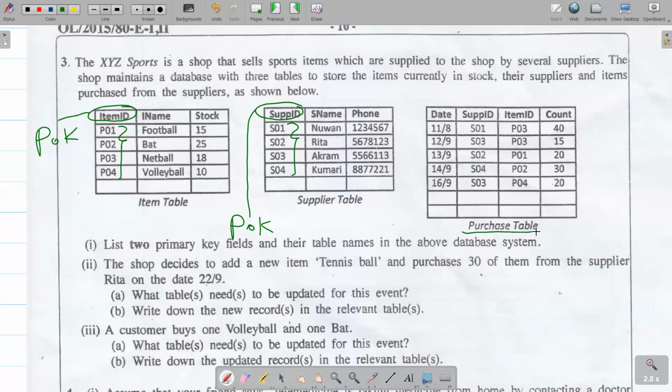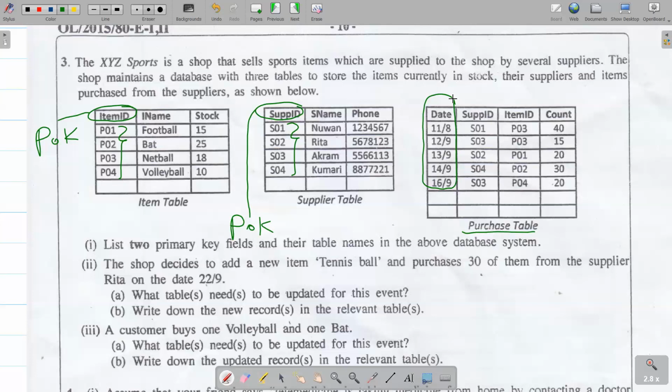And here, if you take the purchase table, the date is different, right? Even though the date is different, it can easily be repeated. So we are not going with the date unless it is a specific or special scenario. If they said only one purchase is done per day, of course we can go with the date, since the date will not be repeated.